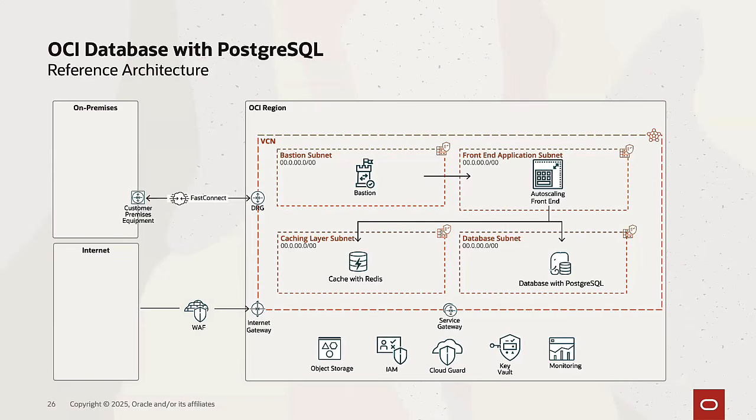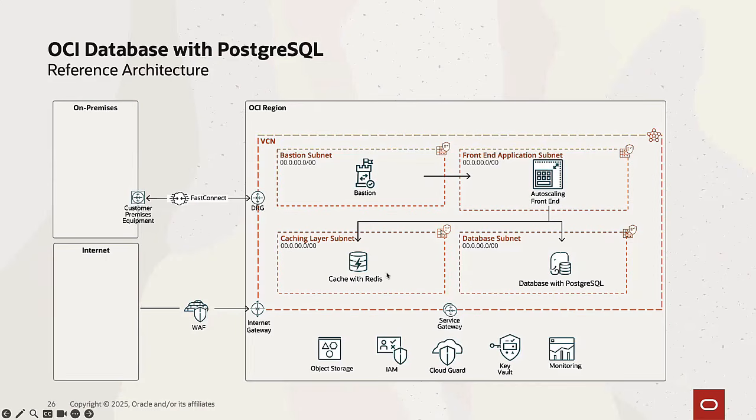So you'll have a subnet for your database with Postgres in the bottom right here, and a subnet for your cache, either Redis or Valkey. We often see customers using Postgres and a cache together, especially for high-traffic, high-read workloads, because Redis or Valkey is great for serving reads for data that's persistent and not changing too much.